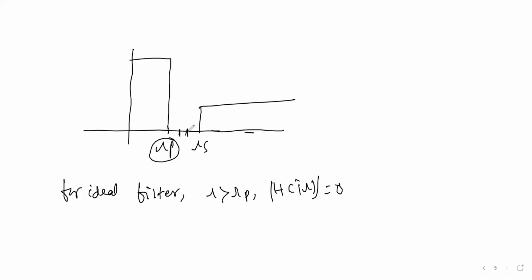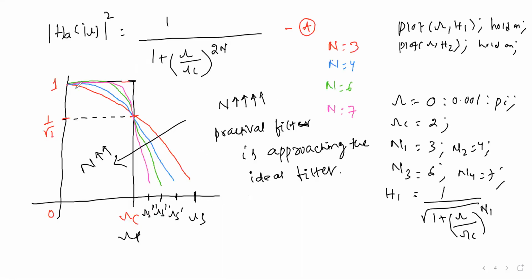Now when the stop band is approaching, what will happen? In every case, when n has more and more value and the stop band is approaching the pass band, shifting left hand side, and if you see the plot, it is slowly approaching the ideal filter.